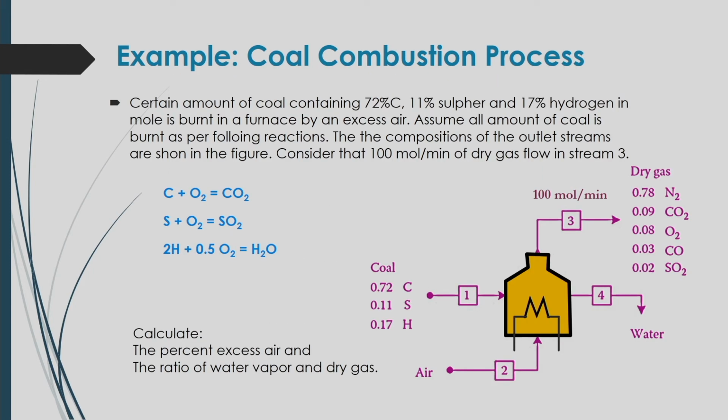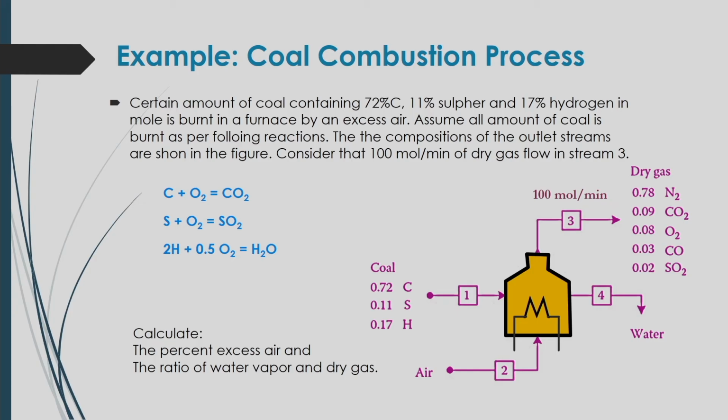Let us have an example for a coal combustion process, and see how to do the material balance based on the combustion reaction. Let us say a certain amount of coal that contains 72% carbon, 11% sulfur, and the remaining 17% hydrogen in mole, is burned in a furnace with excess air.